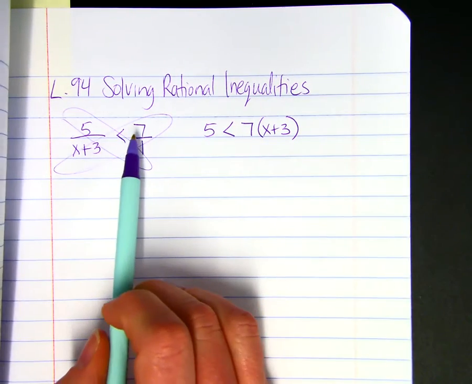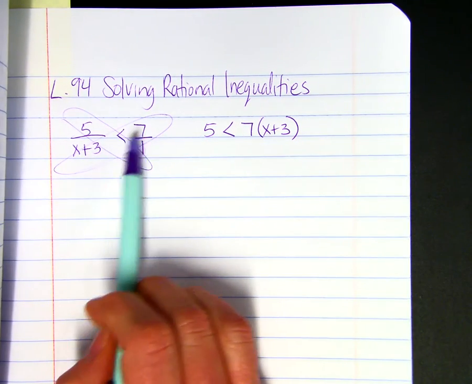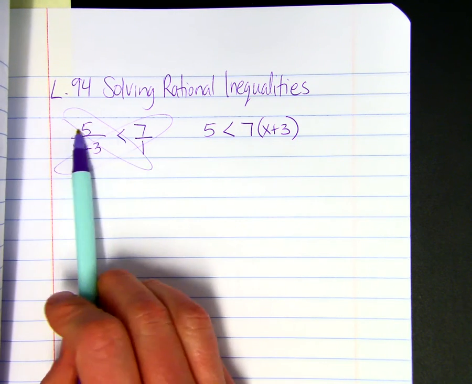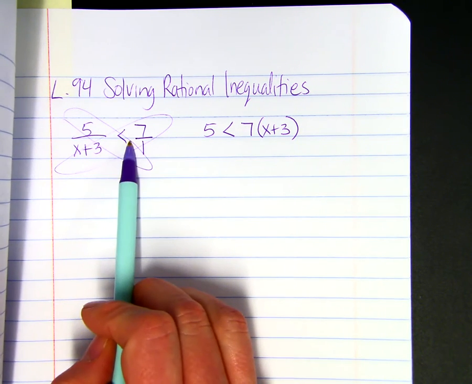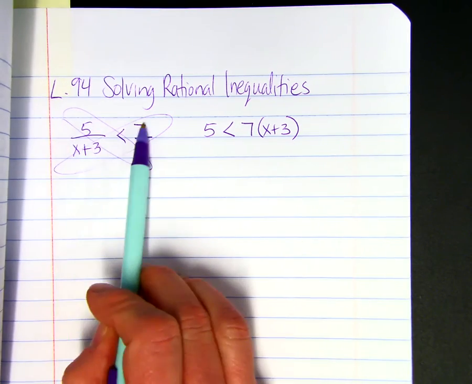Whatever side the numerator is on, the numerator stays on that side. That way you know what side of the inequality it's on. So the 5 stays here, the 7 stays here.